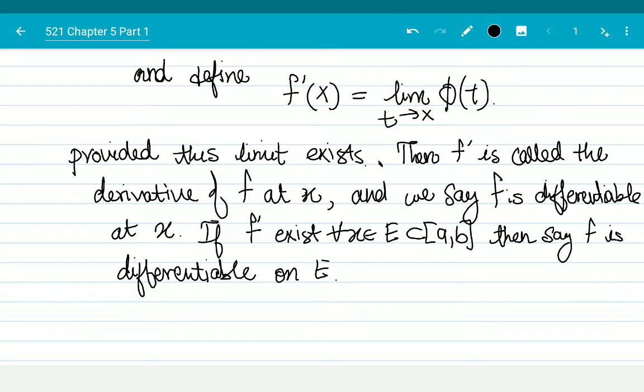Since this is a limit, you can define the right hand and left hand limits, and similarly, you can define right hand and left hand derivatives, but we are not going to go into that necessarily right now.